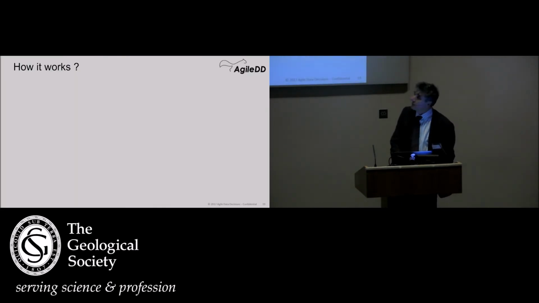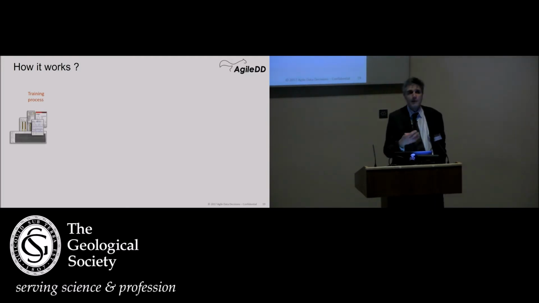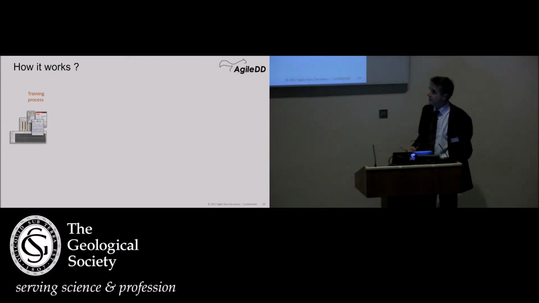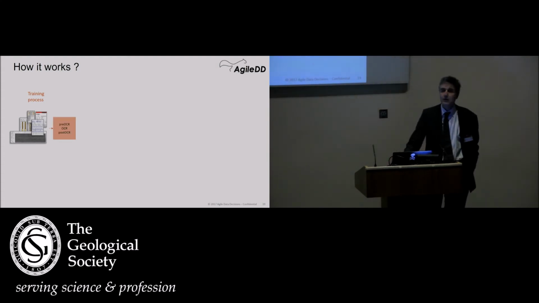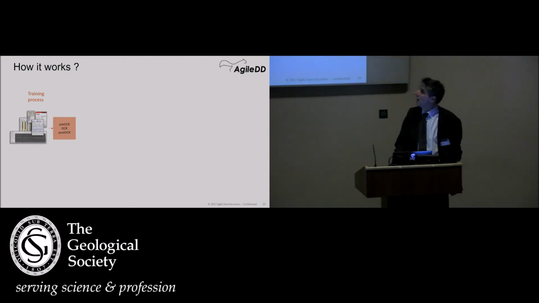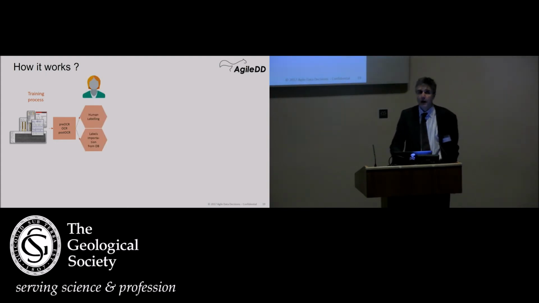How does it work? It's machine learning, so there are two main processes. The first one is about training. So you need a handful of documents. These documents will go through an OCR, and because they are sometimes a little bit complex, we need a pre and post OCR around it. After, you have two ways.